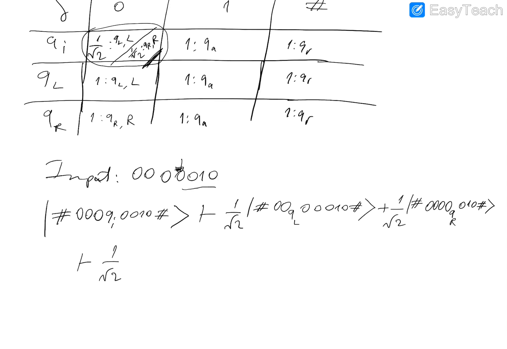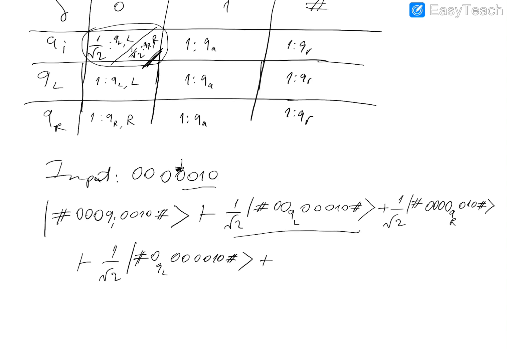We will have 1 over square root 2, hash, 0. All right, so first we're going to evaluate the left-hand side, this part: 0, QL, 0 0 0, 0 1 0, hash.